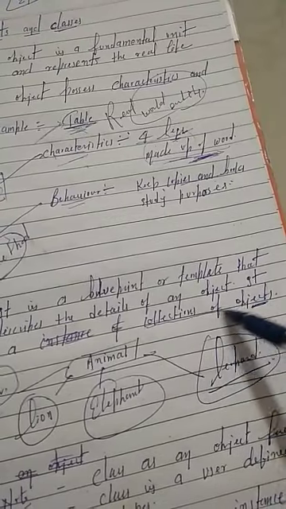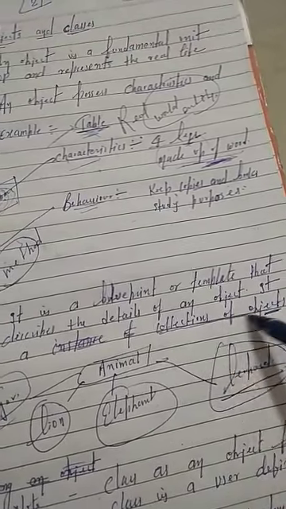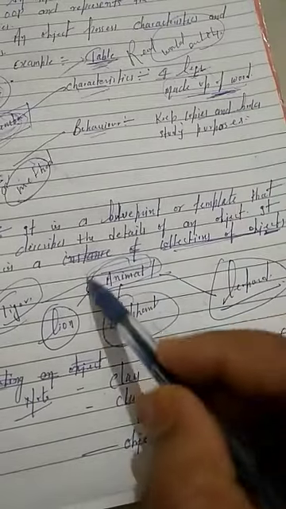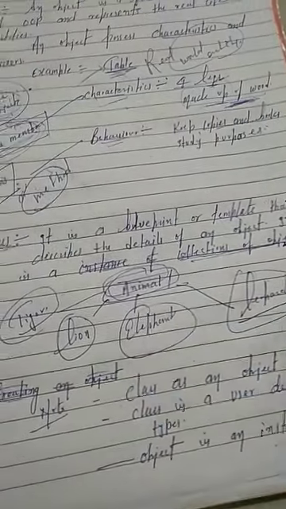Class is a collection of objects, nothing else. For example, a real world example: suppose I say animal. When I say animal, which animal comes to your mind? Any animal.